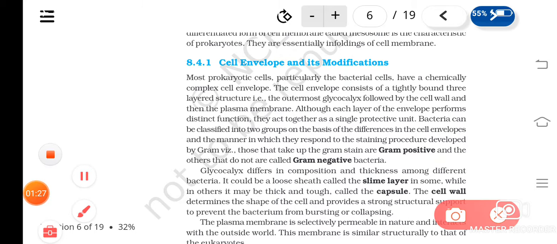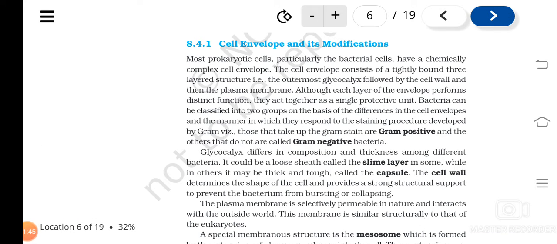They include the outermost glycocalyx, then comes the cell wall, and then the plasma membrane. So these are the three layers of the cell envelopes. What is the function of all these three layers? They help as a single protective unit. Their function is to protect the prokaryotic cell.